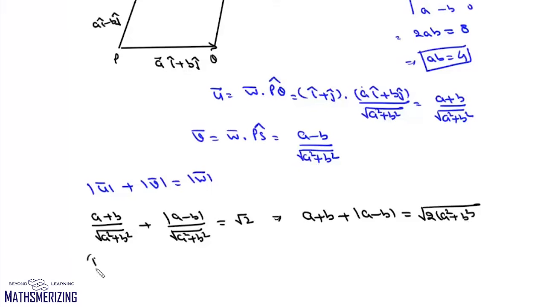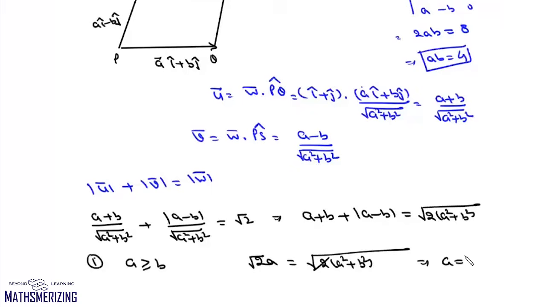Now we'll take the first case. If A is greater than or equal to B, in that case we'll get 2A equals under root of 2 into A square plus B square. So it will be root 2A, and if we square it, we'll get the condition that A equals B. And if B is greater than A, then in this case it will be a negative number, so A and A will cancel.